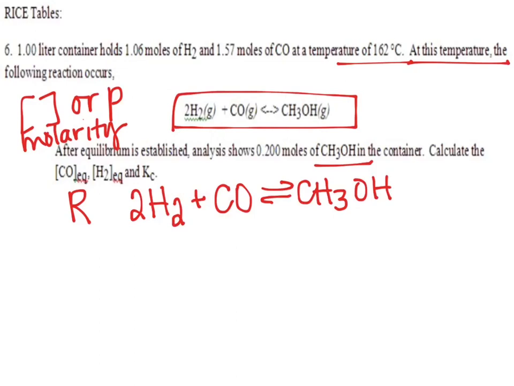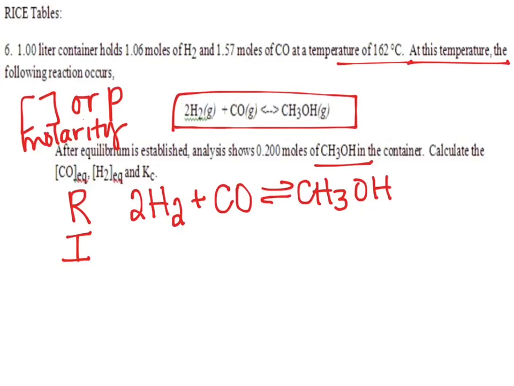We have our R, now we need our I. I stands for initial concentration. When they put all of these things into the flask, what is the initial concentration of our reactants, before any reaction even occurs?